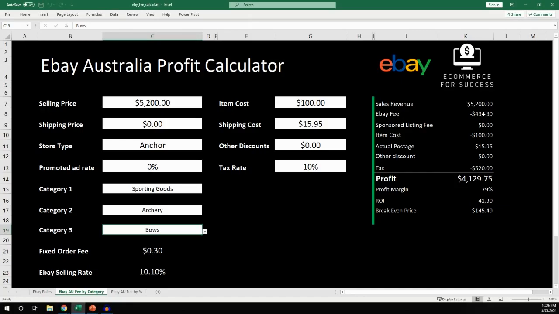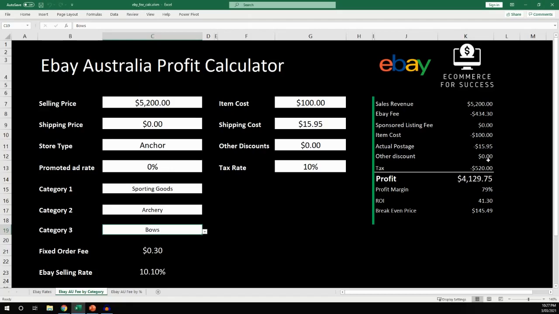Now, when you look at the eBay fee, the $434.30, the way that's calculated is it's pretty much gone 10.10% off the $4,000, as that's the cap for the selling price. It knows there's another $1,200 extra above that $4,000, and that $1,200 gets charged at the 2.5%. That's $434, and then you have 30 cents extra for the fee.